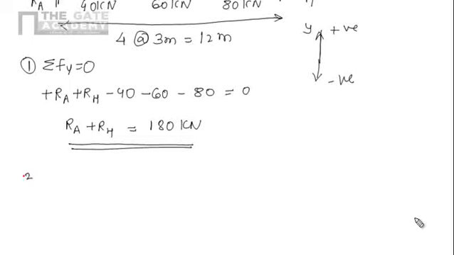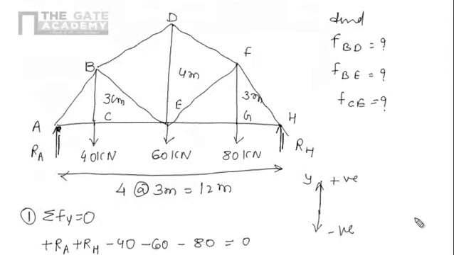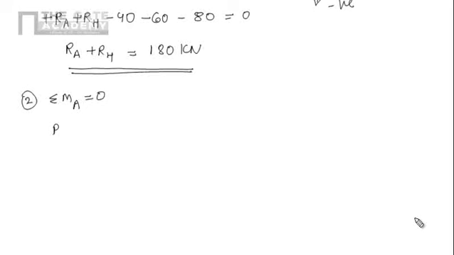Now we can take equation number 2, that is, algebraic summation of moments of all the forces about any point should be 0. So I am considering the point A here. On A there is a reaction RA. RA is passing through point A, so perpendicular distance is 0, so moment will be 0. So I can write RA into 0.